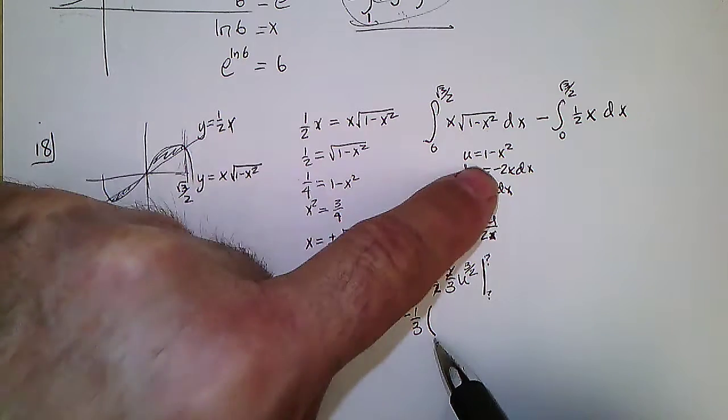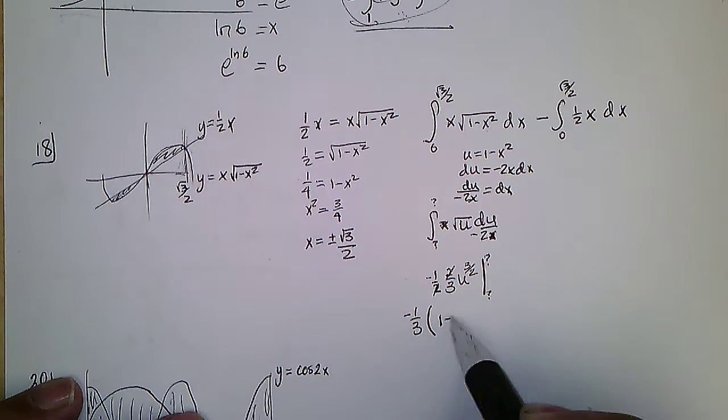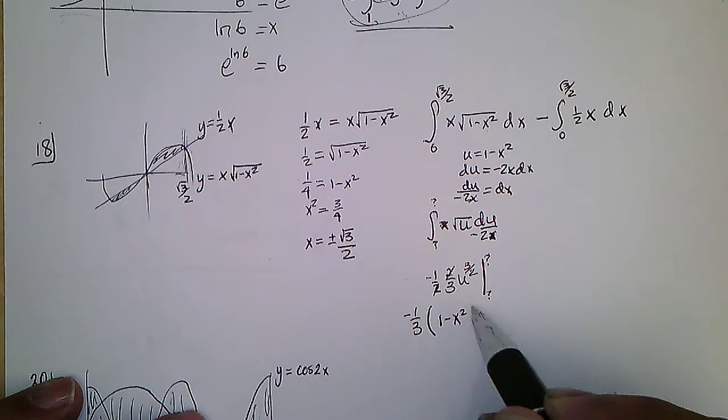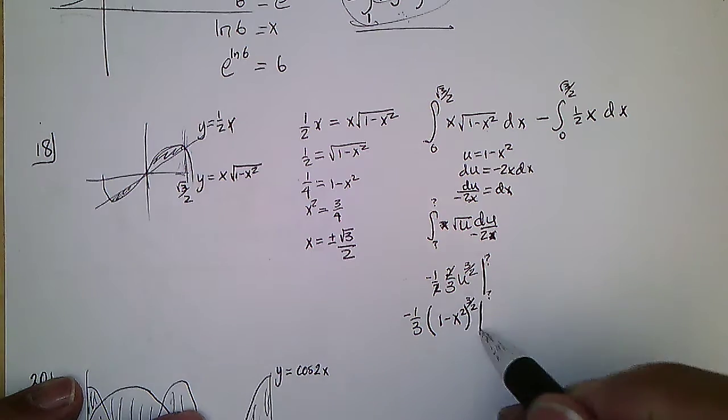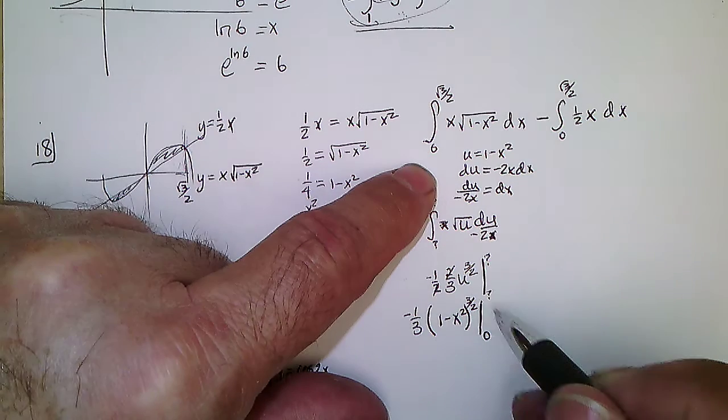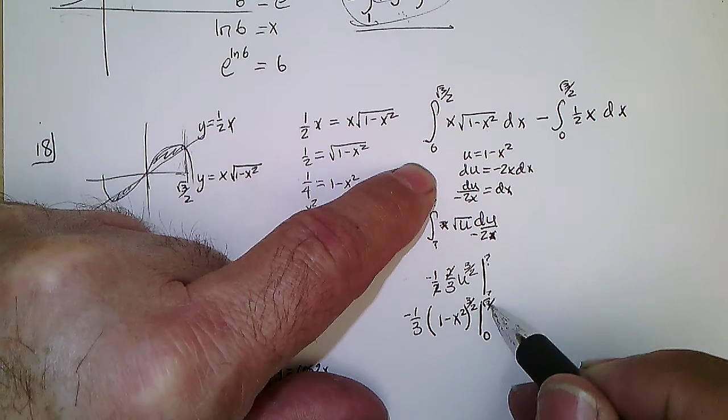Let's see, my u was 1 minus x squared to the 3 halves, evaluated from 0 to the square root of 3 over 2.